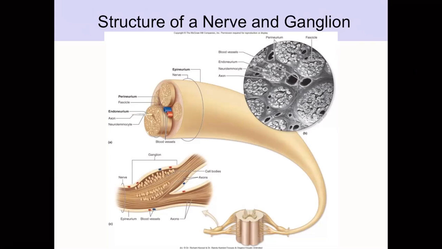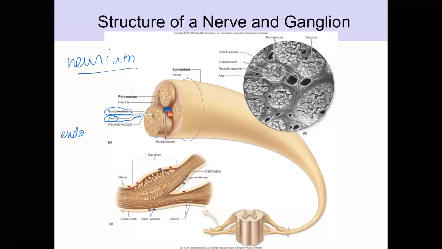So if we look here, here's the axon. This is what I just drew in that picture. The axon is actually covered in this thing called the endoneurium. Endo is inside, right? And neurium is the wrapper.